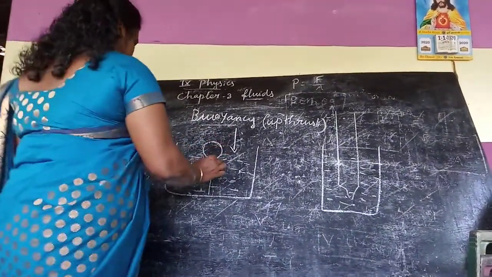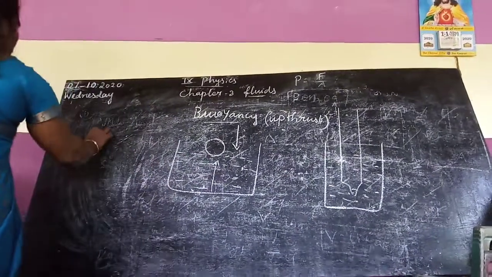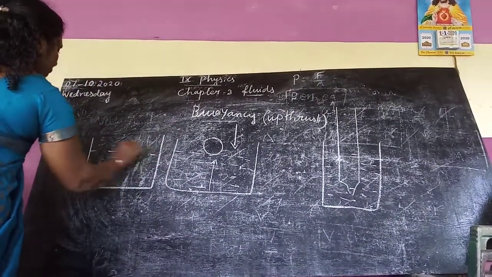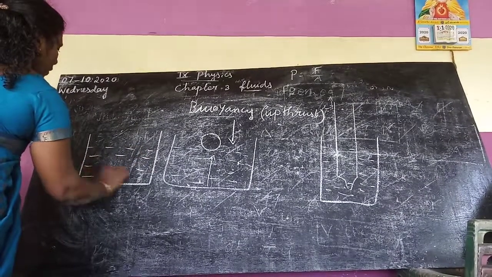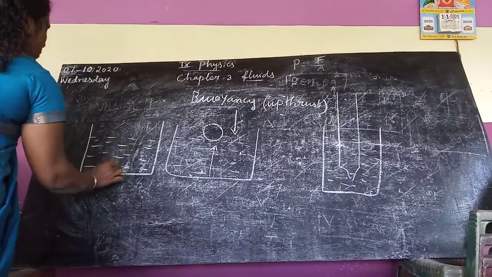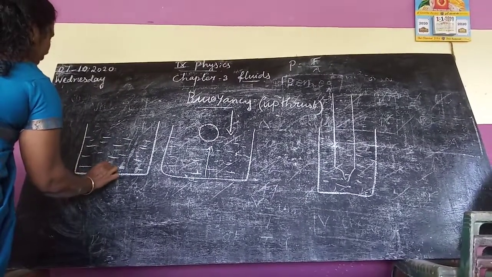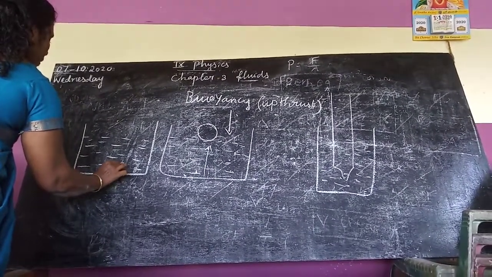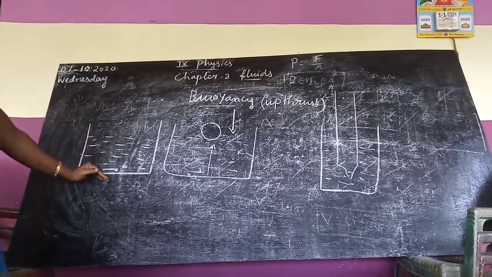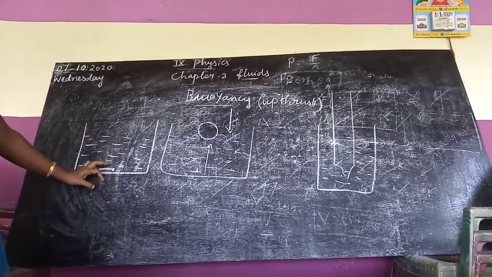So next diagram, a beaker of water. Suppose we are using an iron nail. What happened? The nail sinks in the water. So why is it sinking?